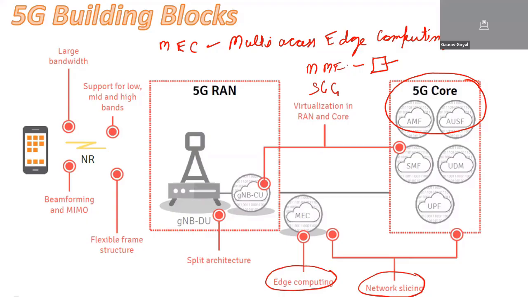But with the help of network function virtualization, we are going towards virtualized software running on top of operator hardware. The idea is that as an operator, instead of buying the hardware from a vendor, we can provide our own hardware. You will notice that there is an F at the end of each node. F stands for function, like access and mobility function.